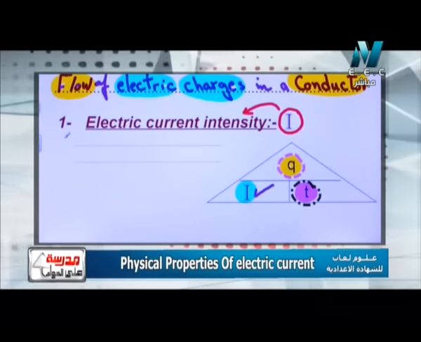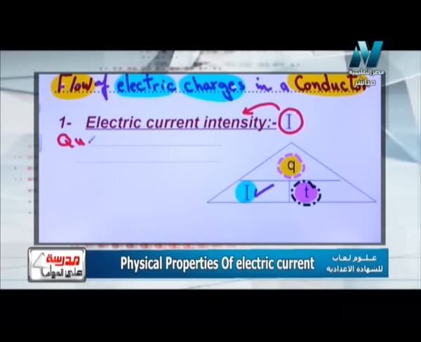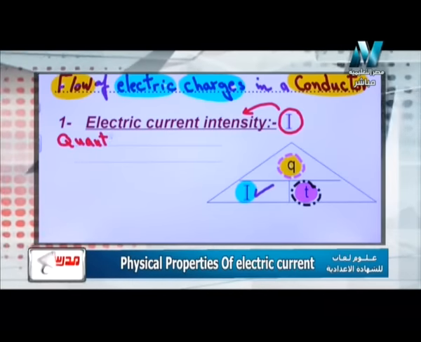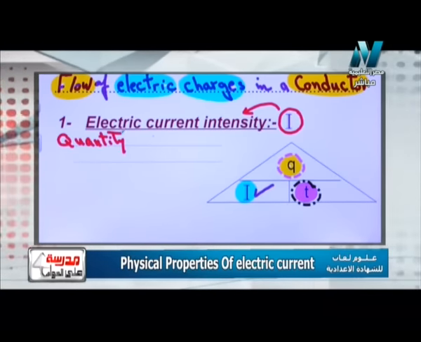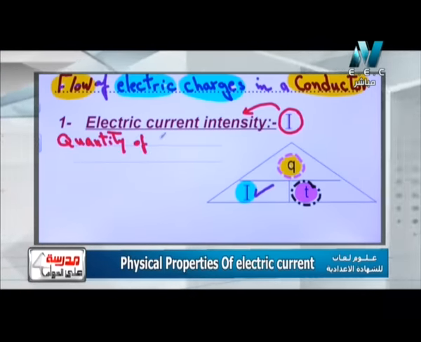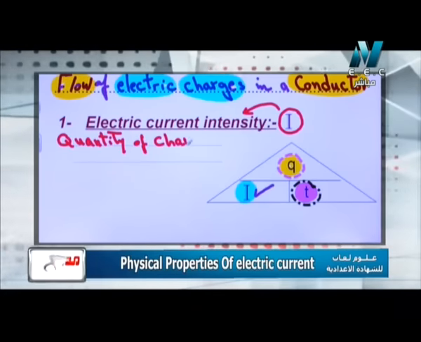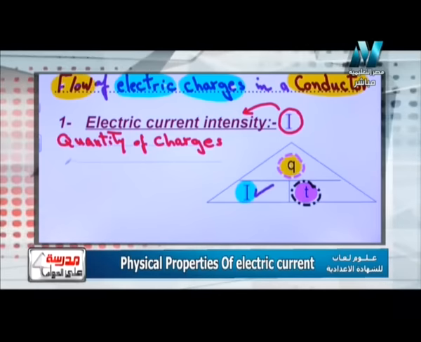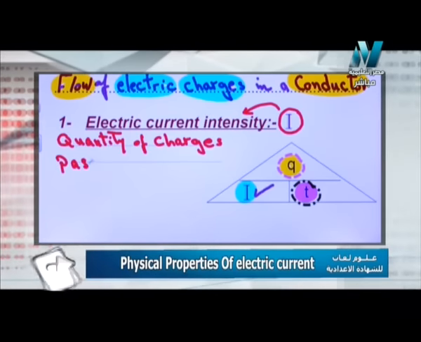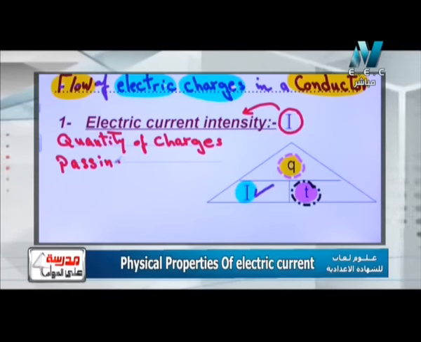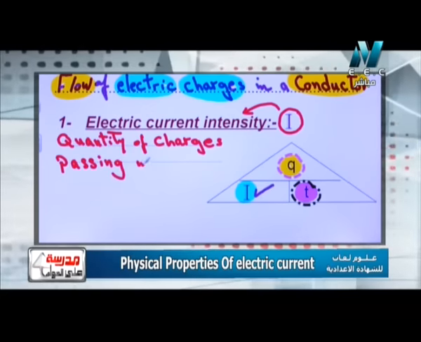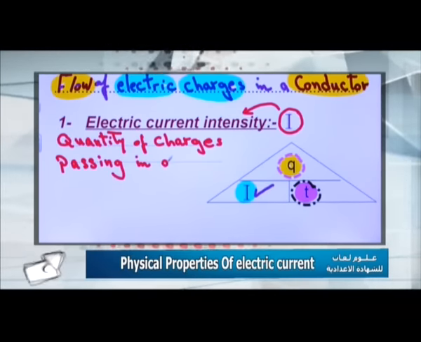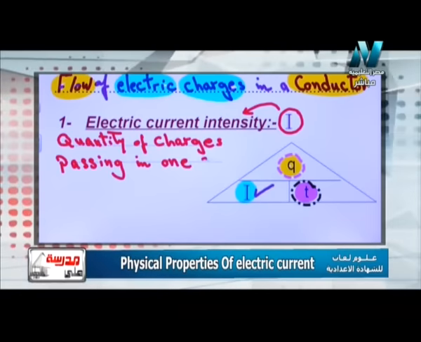Electric current intensity is the quantity of charge passing in 1 second.